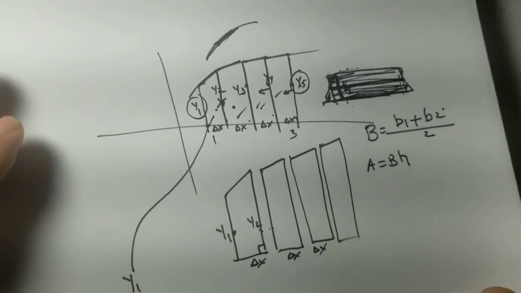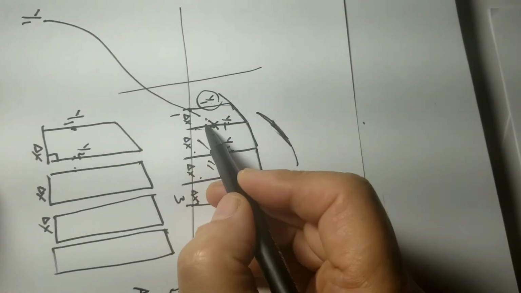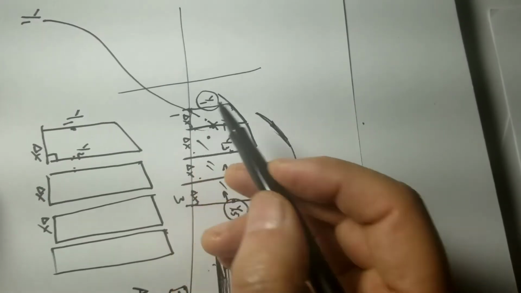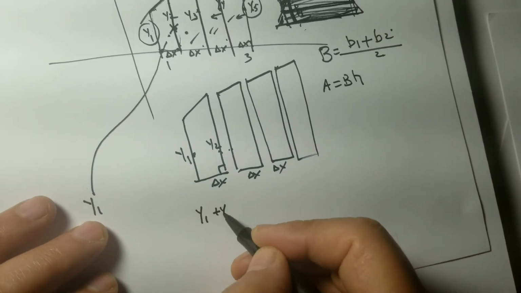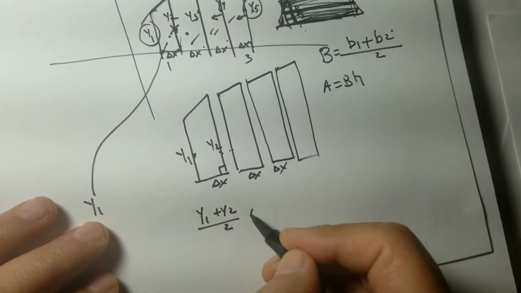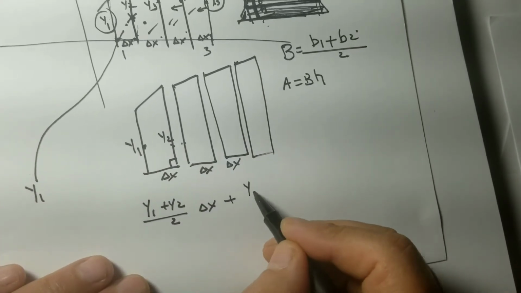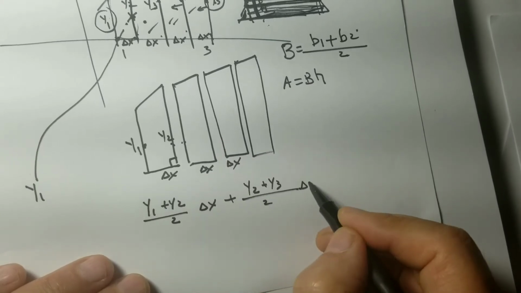Remember, you have to turn your page right now. These are your bases right now. B1 plus B2 divided by 2 times the height. Therefore, you have Y1 plus Y2 divided by 2 times delta x. That's the first one. What is the next one? Y2 plus Y3 divided by 2, delta x.